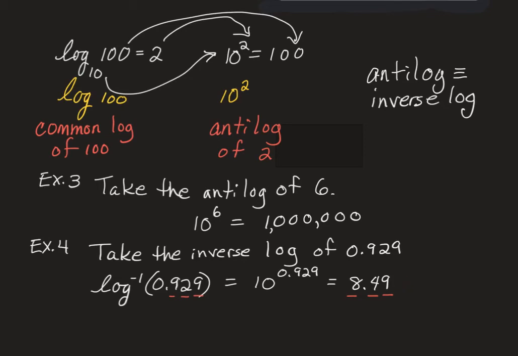Perhaps you're asking how to put that into your calculator. It would be 10 caret, the caret button, 0.929. And that will give you this answer once you round it.